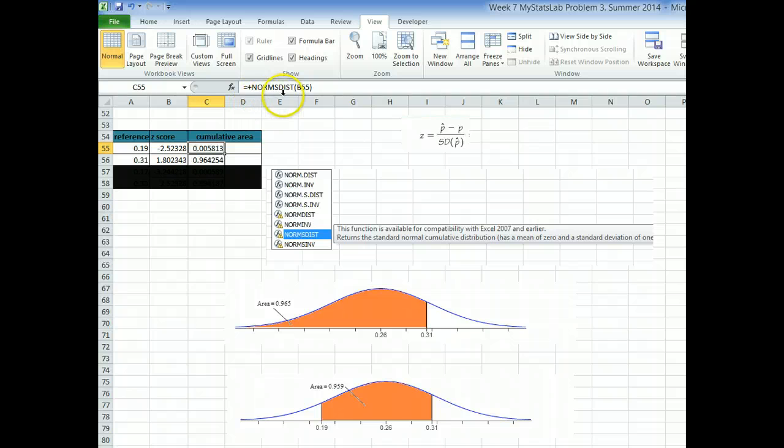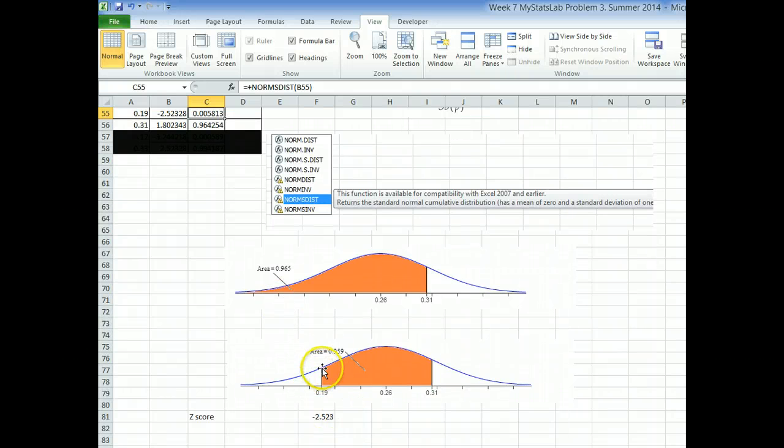So that's what I use here. I use the NORM.S.DIST function, input B55, which is the z-score equivalent, and what I'm getting is that 0.005813 is the cumulative area up to this point. So that would be all of here, the area that is white.